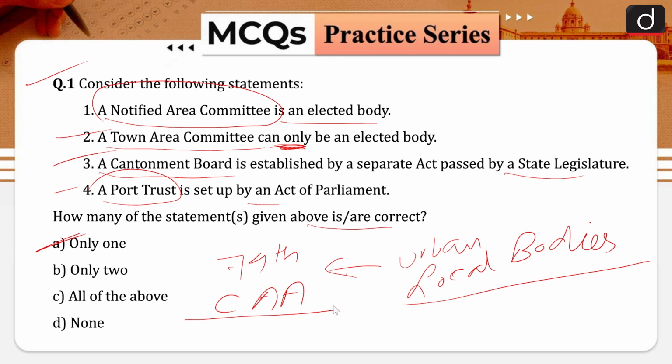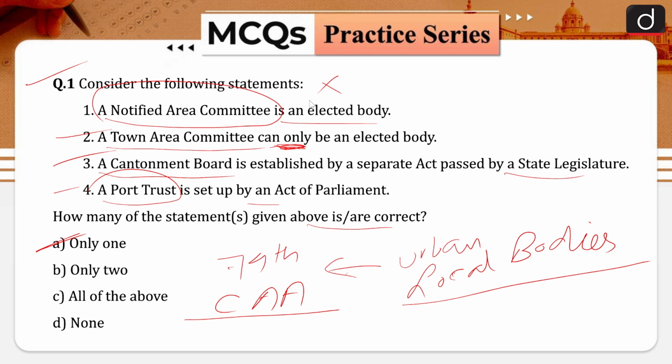So if I talk about the notified area committee, it is created by the notification in the government gazette. It is not an elected body. It is established for the administration of two types of area.